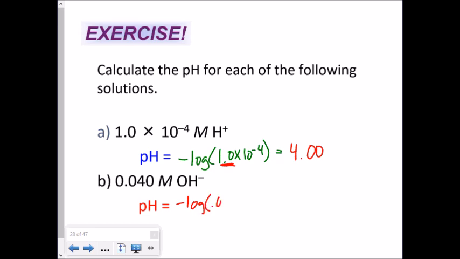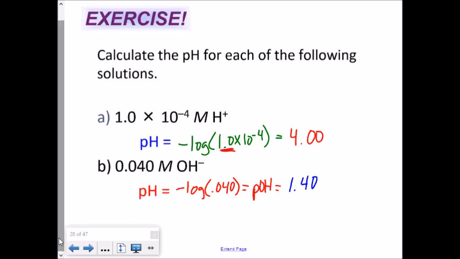of the 0.040, and I'd get my pOH. And that happens to be 1.40. That's my pOH. There are only 2 sig figs there.